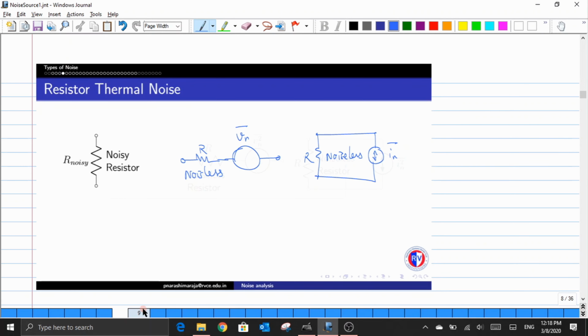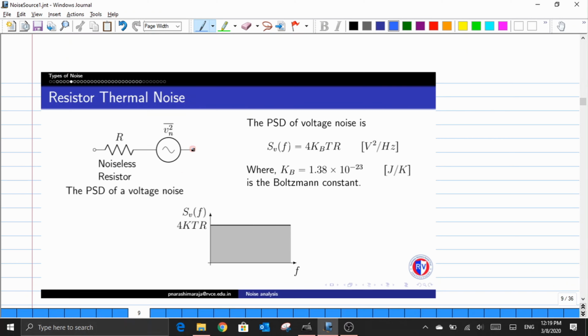Now let us see what the power spectral density of this noisy voltage term is, and later we'll also discuss the power spectral density of the noisy current term. We have used one representation here, where the noisy resistor is represented as a noiseless resistor in series with a noisy voltage term. In your textbook, rather than representing this voltage noise as an RMS value, they have used the mean square value or the variance term.